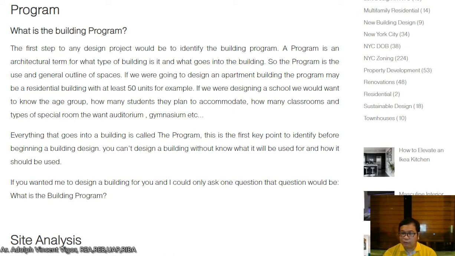When you are still studying architecture, the spaces are already given, so you know what you're going to do. But sometimes in actual practice, you may have to interview your client and do a lot of research to design a specific building or structure.